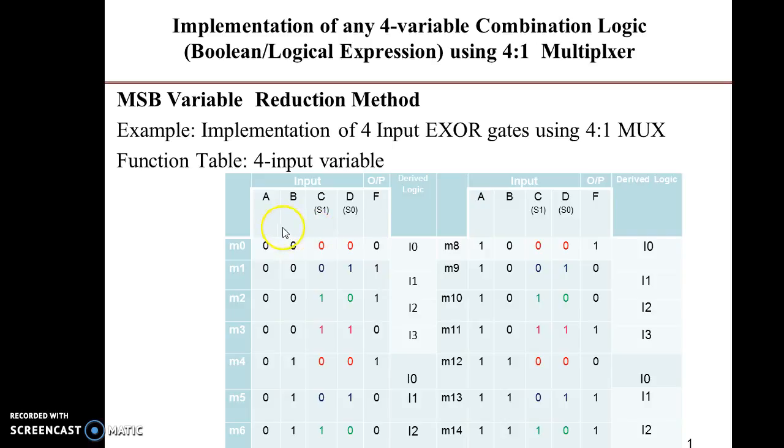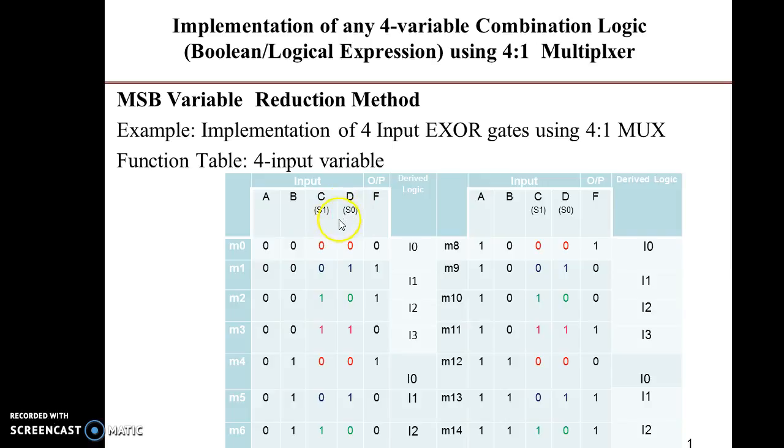Previously, I mapped the A and B input variables of the XOR gate to the select input pins of the 4:1 multiplexer. Here I am going to map the C and D input variables, the 2 LSB variables of the 4-input XOR gate, to the 2 select inputs of the 4:1 multiplexer, S0 and S1.